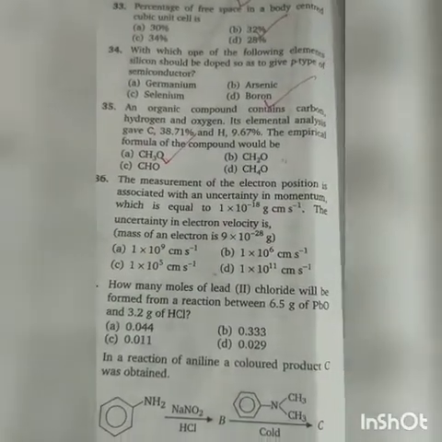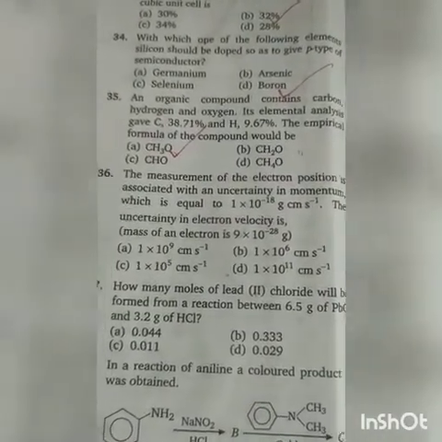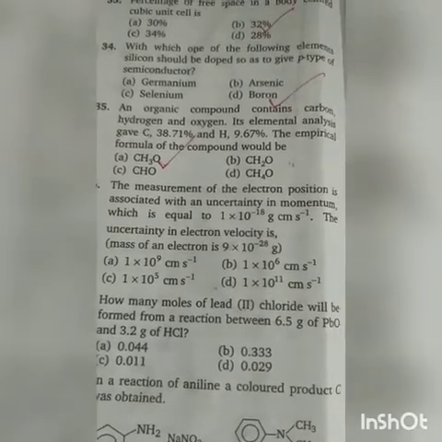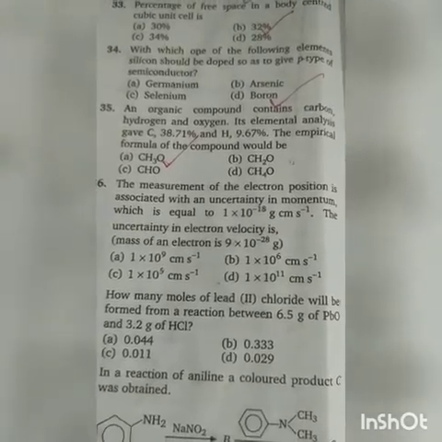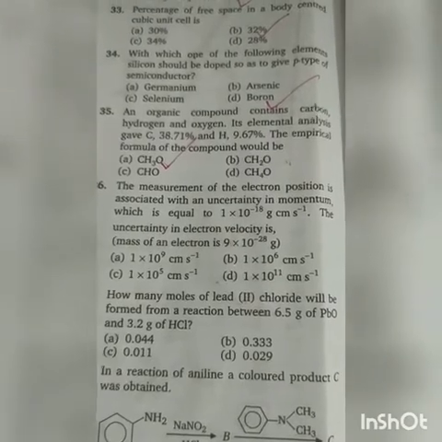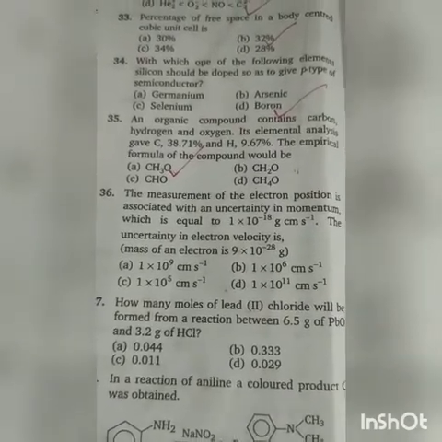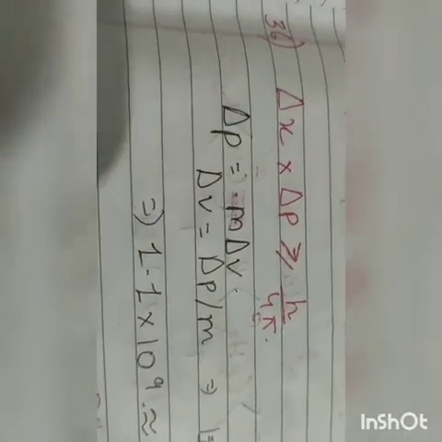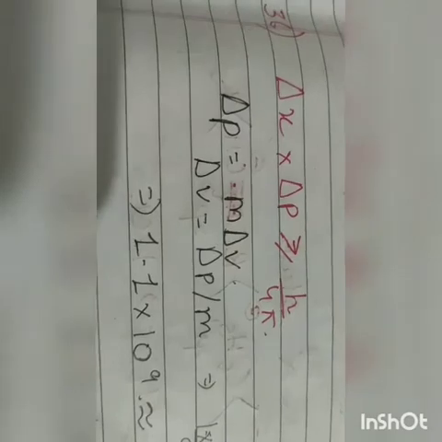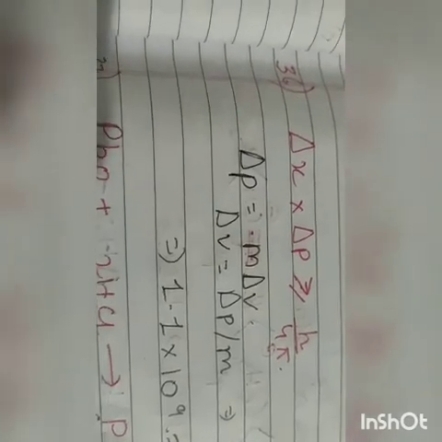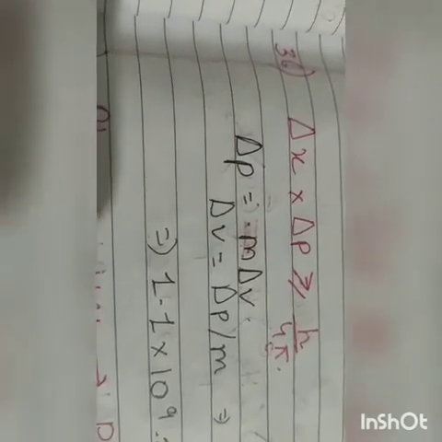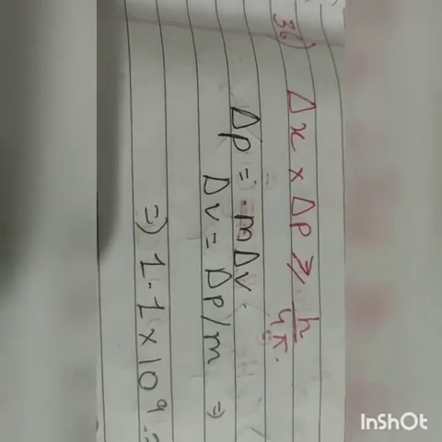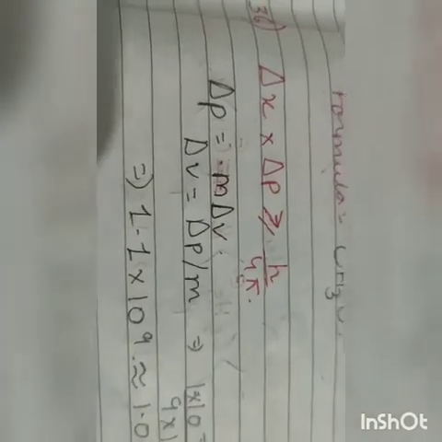Now question number 36. The measurement of the electron position is associated with an uncertainty in momentum which is equal to 1 into 10 to the power minus 8 gram centimeter per second. The uncertainty in electron velocity is? Here the mass of the electron is given. The Heisenberg uncertainty principle tells us that it is impossible to find both the position and velocity of microscopic particles exactly.